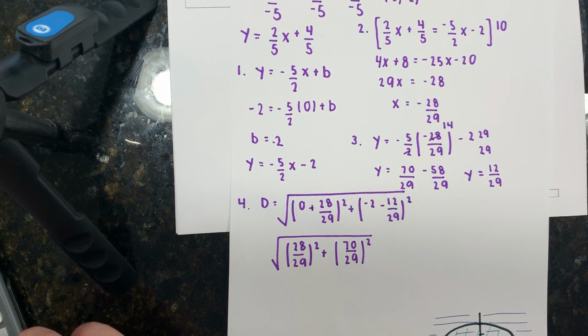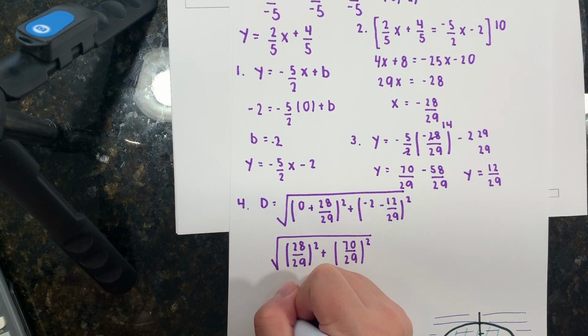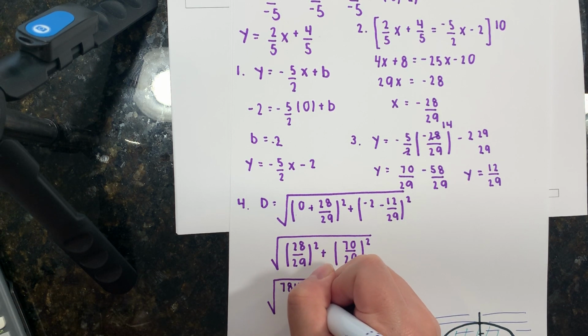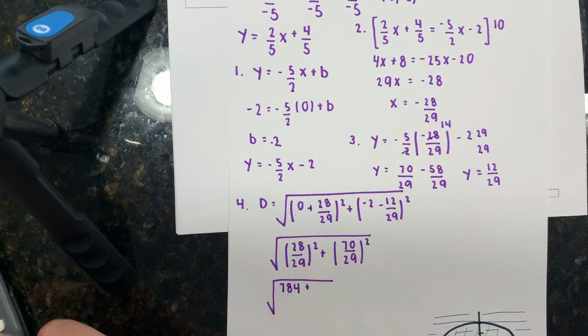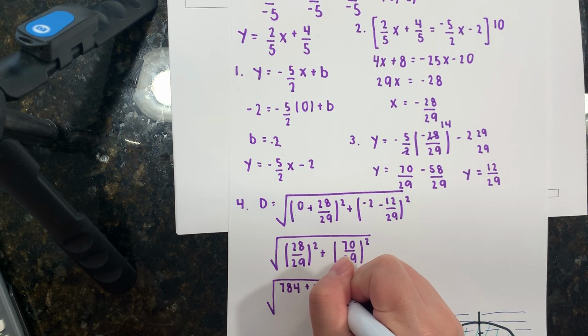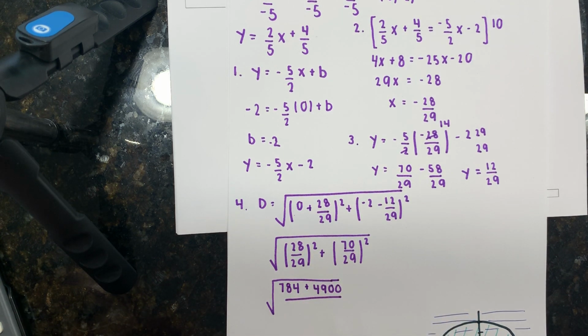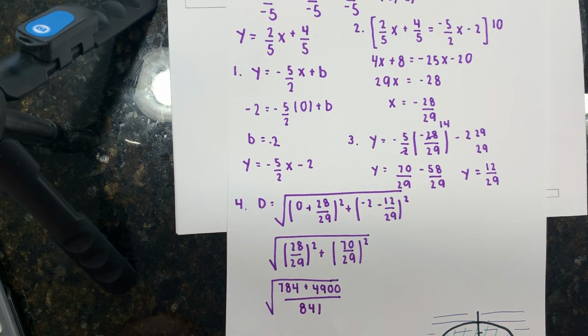So 28 squared is 784, plus 70 squared is 4,900, over 29 squared, which is 841. I hope my answer is right.